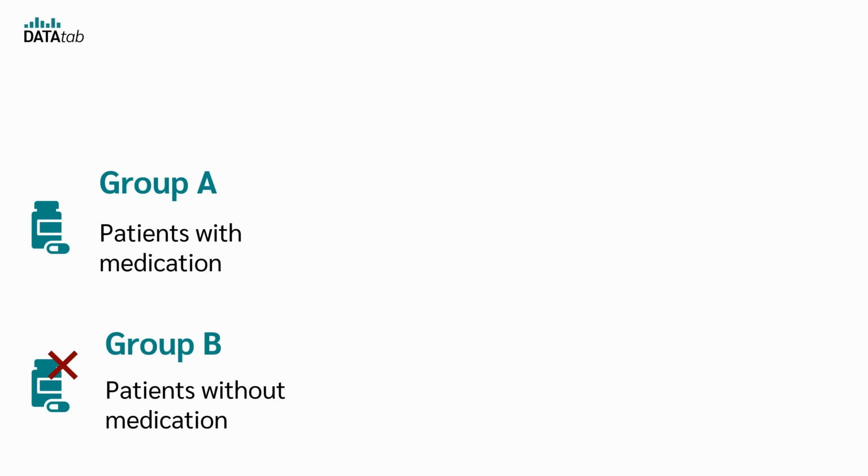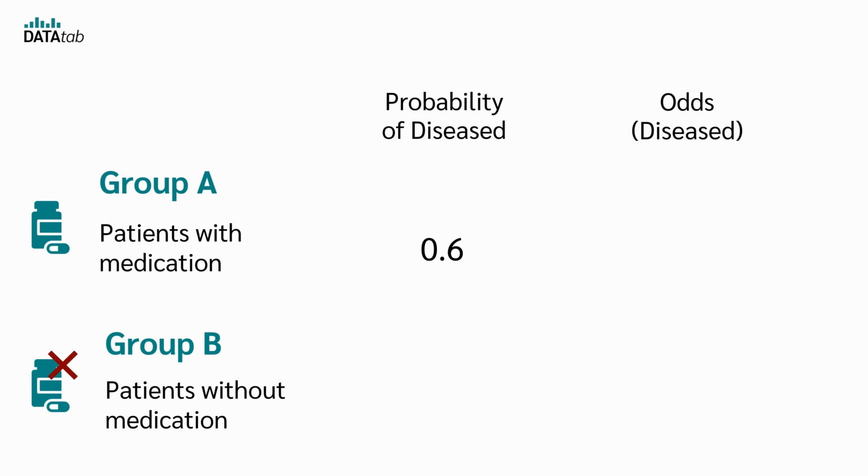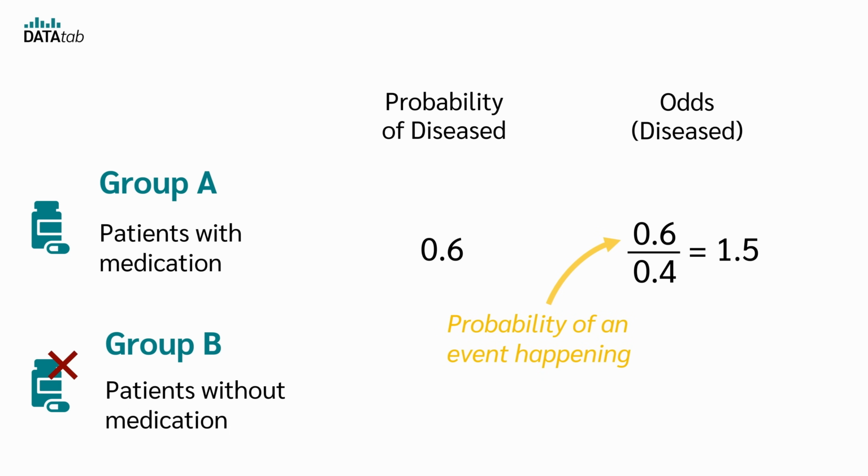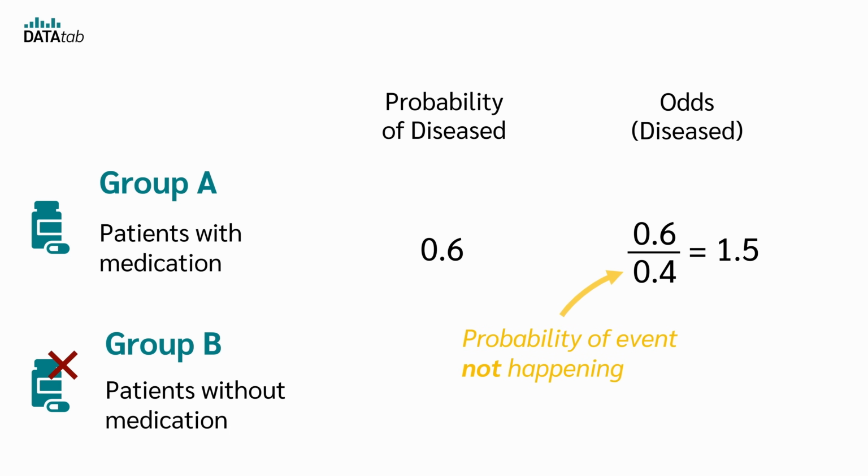Let's say in group A we calculated a probability of 60% or 0.6 of getting diseased. So the odds of getting diseased is 0.6 divided by 0.4, which is 1.5.